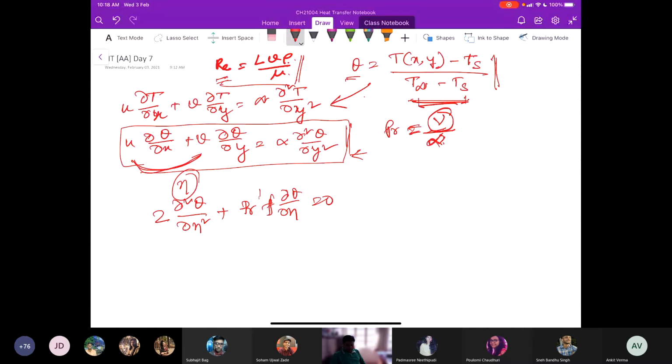So we come across this non-dimensional parameter, the introduction of the Prandtl number in the energy equation.